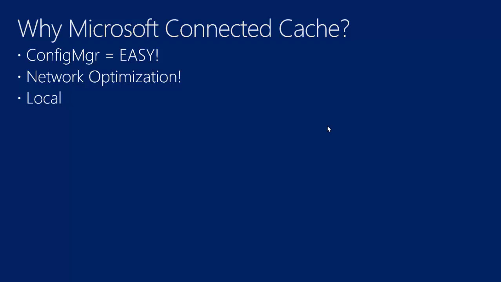And then a Microsoft Connected Cache server is local. So your cloud content, things that you might normally have to go out to the internet for, can be made available locally in a very easy way so that you don't have the internet traffic that you otherwise might, right?